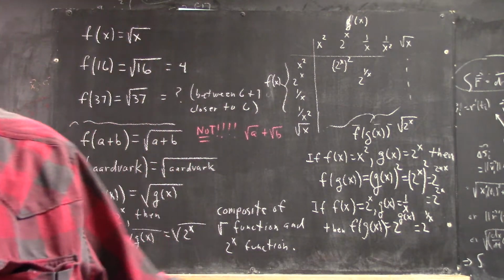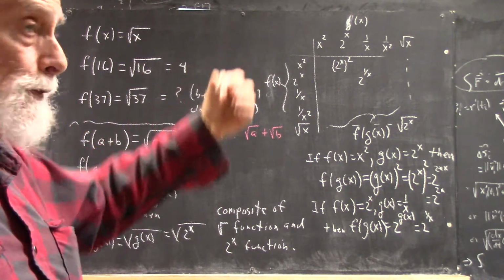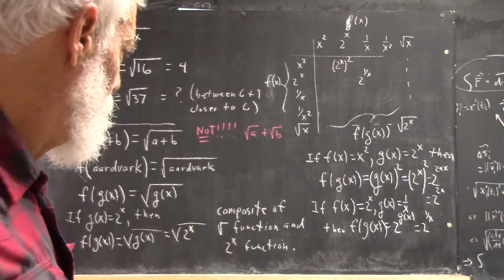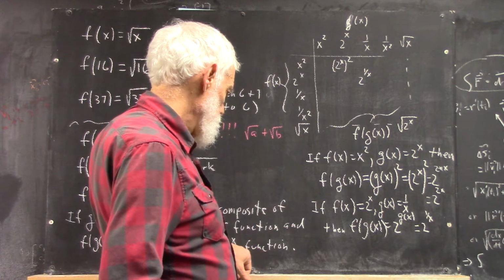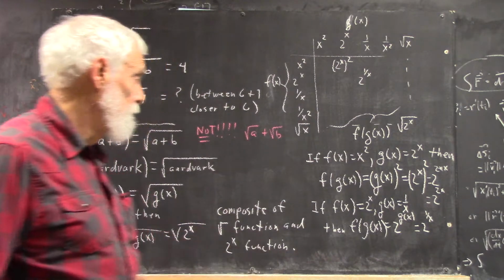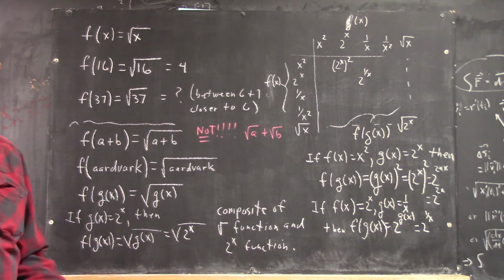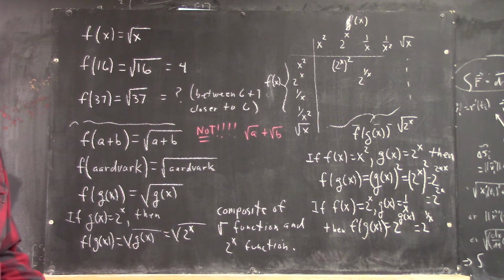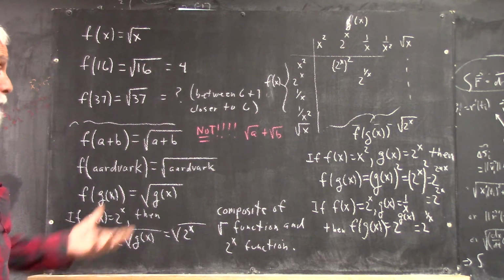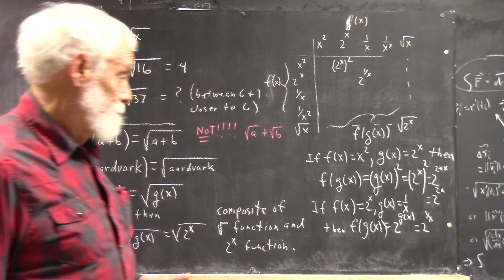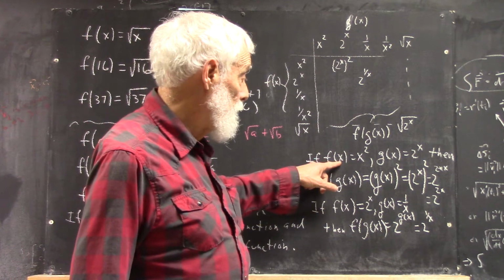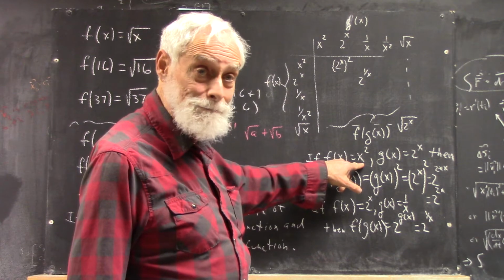Now we could write that as 2 to the x over 2 if we wanted to, but we'll worry about that later. That gets into laws of exponents, and not everybody's familiar. So you need to be able to follow this process. Now there's more you want to be able to do with that, but just understanding that it's just a matter of whatever replaces x has to replace the x.